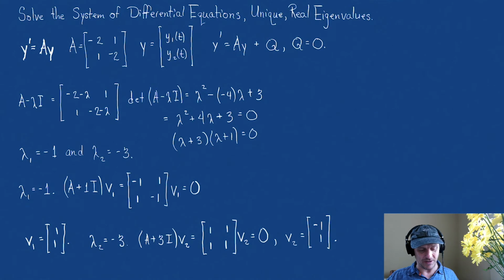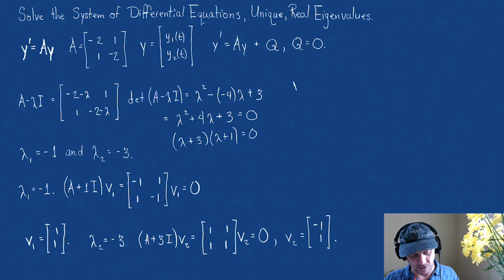Now we just put it together. So that lambda 1 and v1 give our first solution, the vector y1.